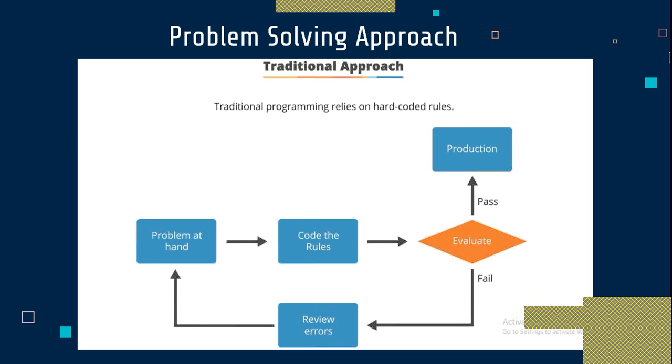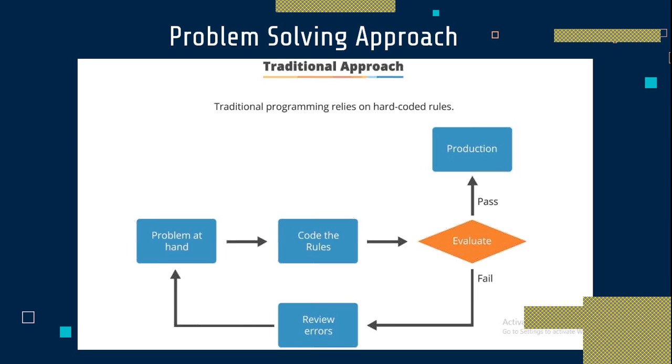And if it passes, meaning there is no error or syntax error, it goes to production. This is the traditional approach we are following.